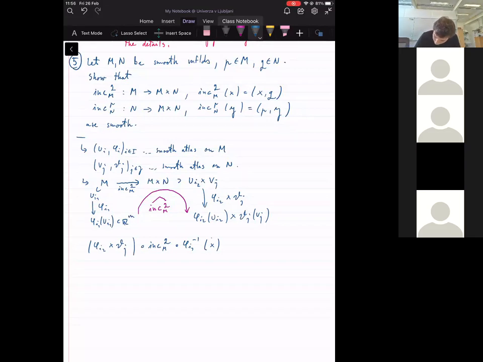So x here now is not an element of M, but rather it is an element of phi_i1 of U_i1, which is just something in R to the power of m.